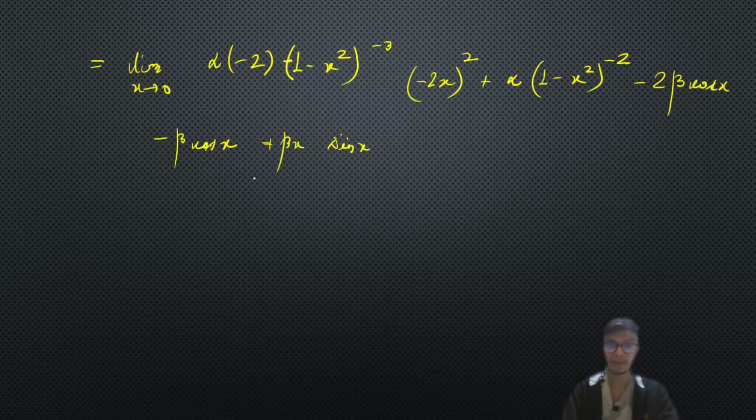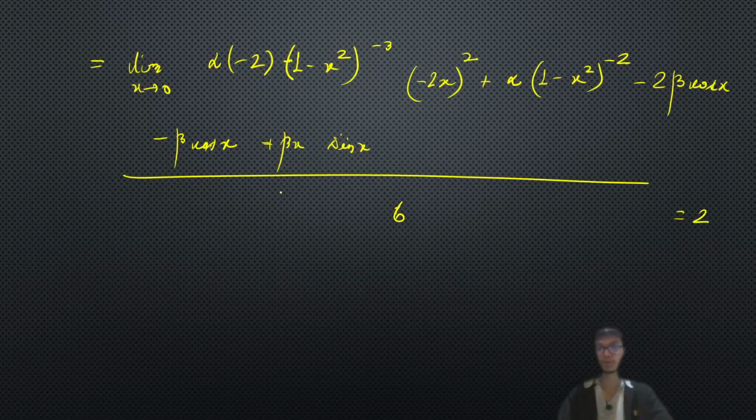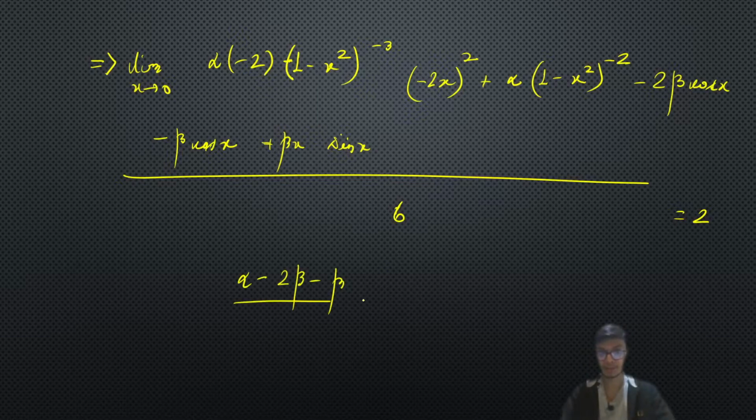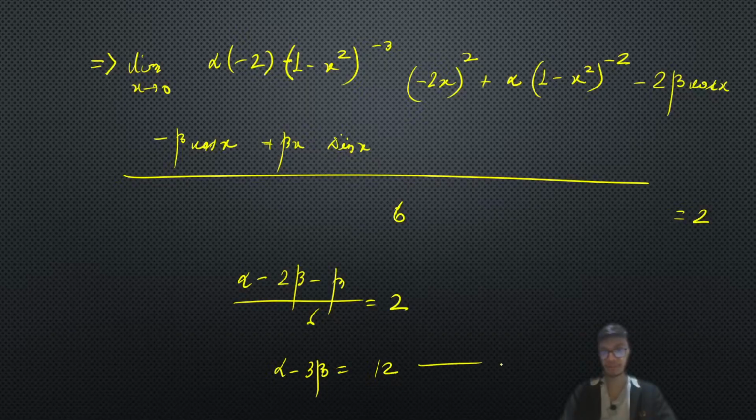And then whole divided by 6, and this result should be equal to 2. From here you will get one more equation. If you put x equals 0, the result is alpha minus 2 beta minus beta, divided by 6, equals 2, and that will give you alpha minus 3 beta equals 12. So that's your second equation.